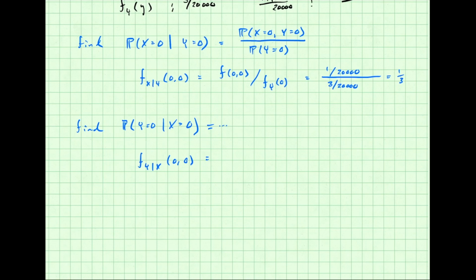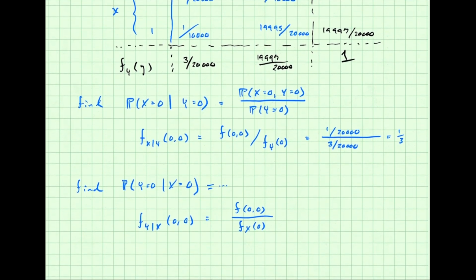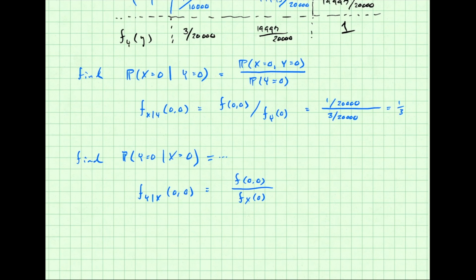Everything is the same except the x's and y's are swapped. The reason that's a bit of a bummer, I think, is that this table is symmetric about the diagonal, so nothing changes. And your answer is again a third.